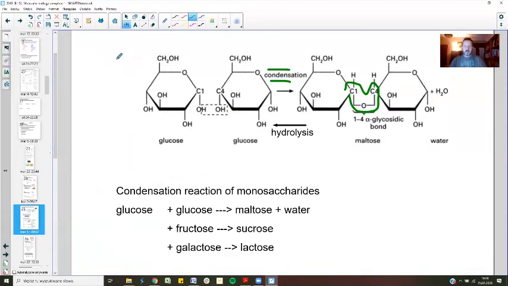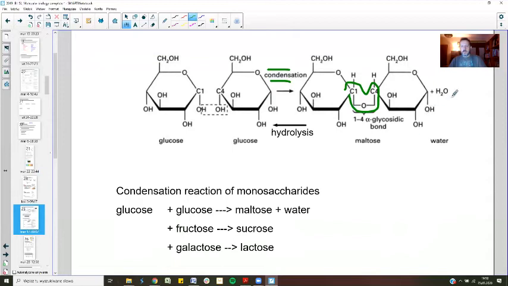Other disaccharides are formed when glucose is bound to fructose. We obtain sucrose, the sugar found in, for instance, sugar beet or cane. And when glucose binds to galactose, lactose is produced. We heard about lactose a minute ago. The reverse reaction, so breakdown of a disaccharide into monosaccharides, is called hydrolysis.